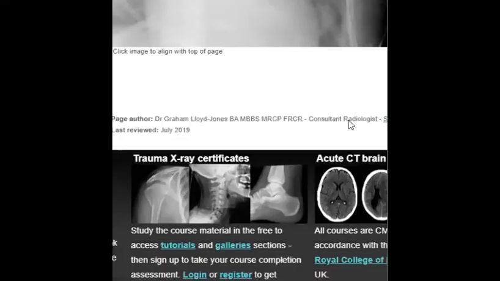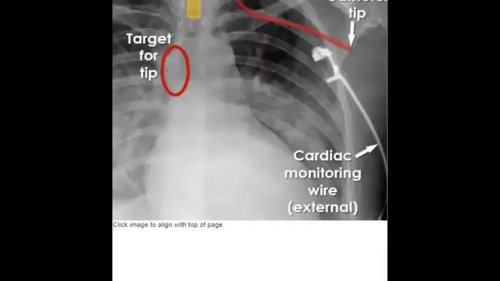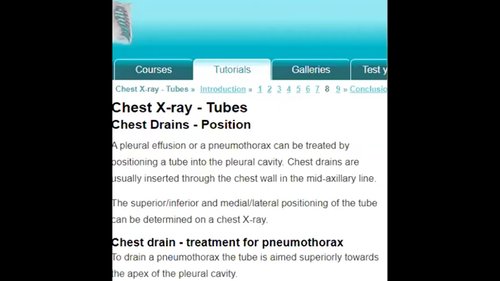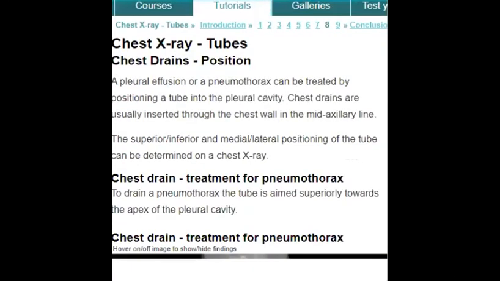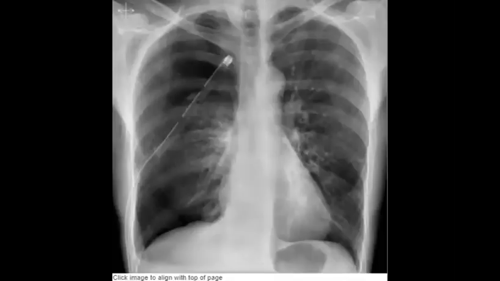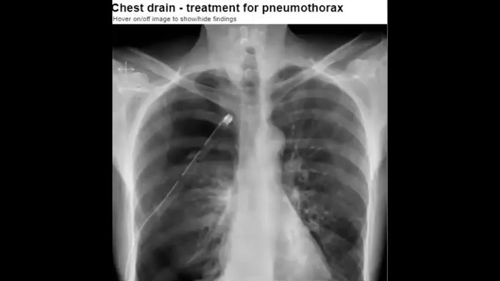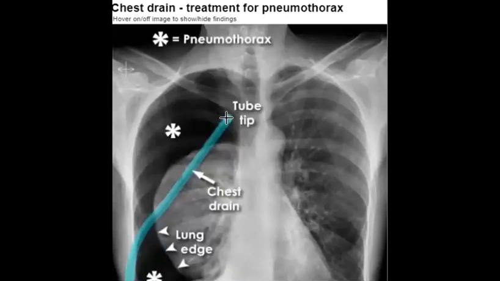I think we are now a bit familiarized with the most commonly used ones. Maybe you can again see the chest drain for treatment of pneumothorax. So where do you expect to see the tip? Superior position or inferior?